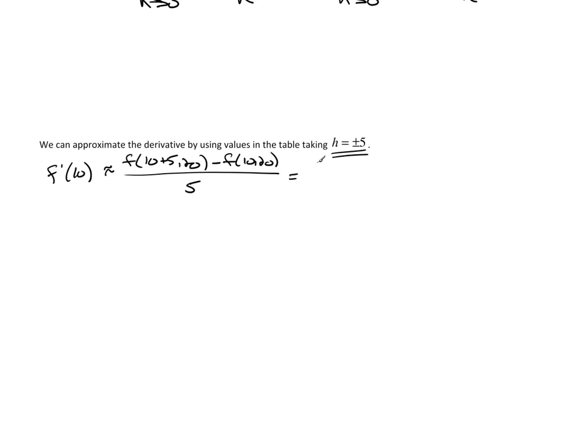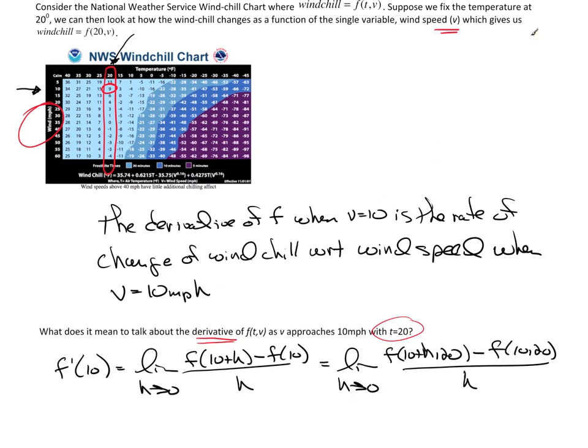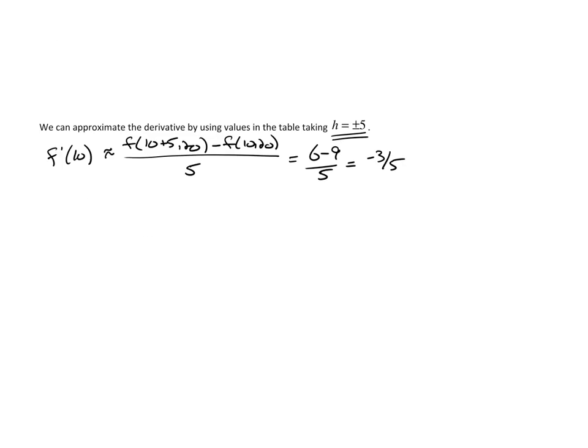That's going to be 6 minus 9 over 5, which equals negative 3/5. Now these values, 6 and 9, came directly from the table. At h is 5, I'm actually at a speed of 15, and there it is, the wind chill is 6. And then obviously f of 10 has a wind chill of 9. I'm sorry, I said miles per hour, I meant the wind chill value.